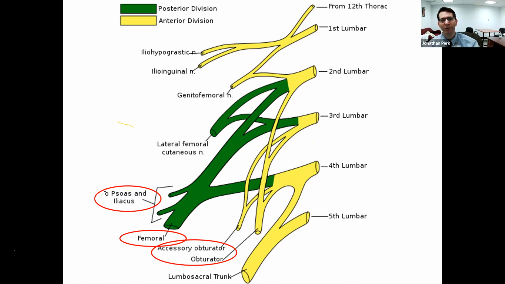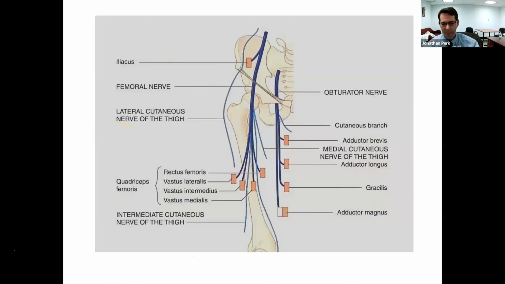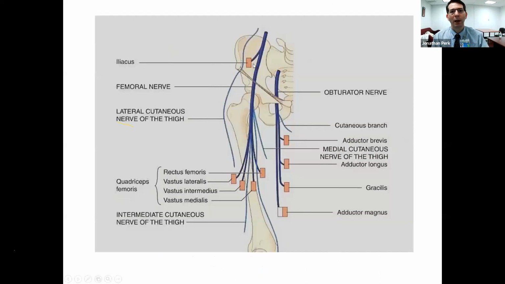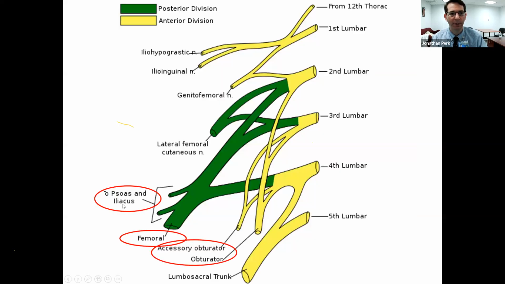So let's start with the first one. The first one, well, actually we can do it in this picture. The first one is the nerve to the iliopsoas, this one. So actually let's go back here, right here. There are 2 nerves to the iliacus and psoas. Let's group them together.